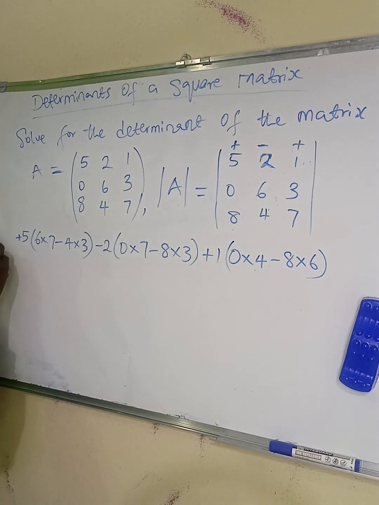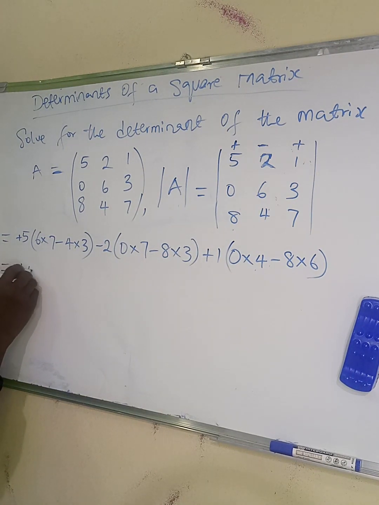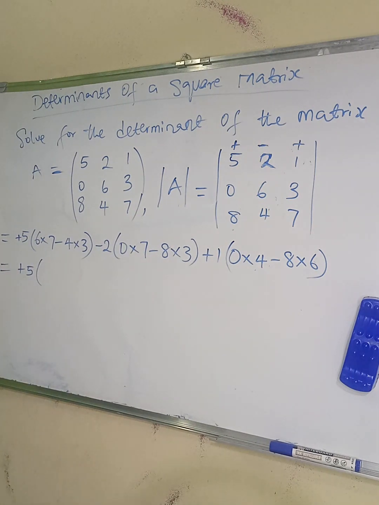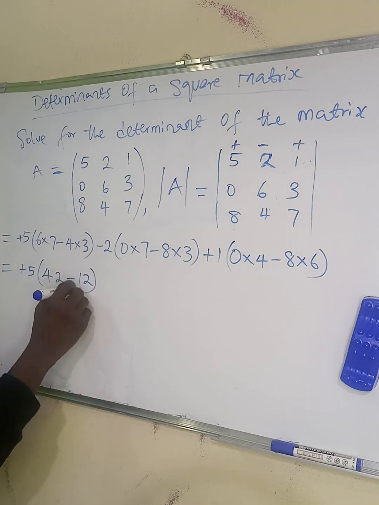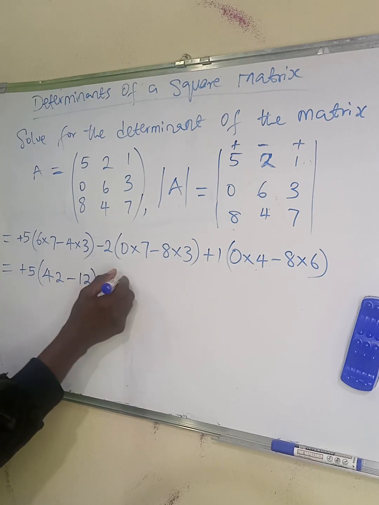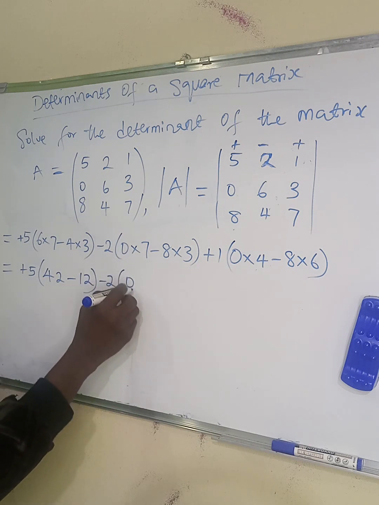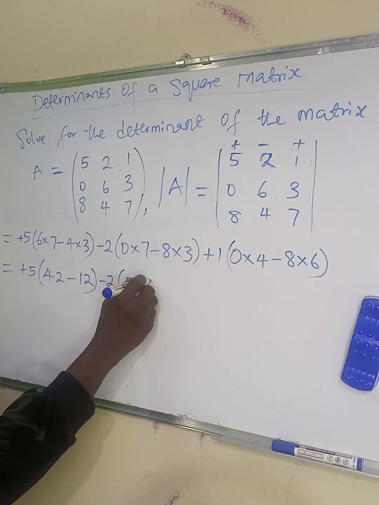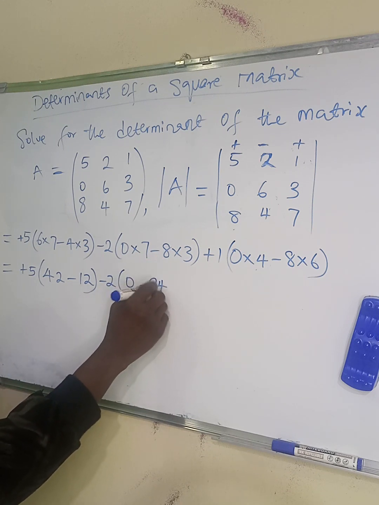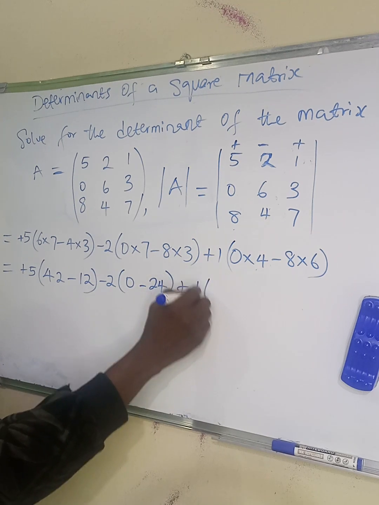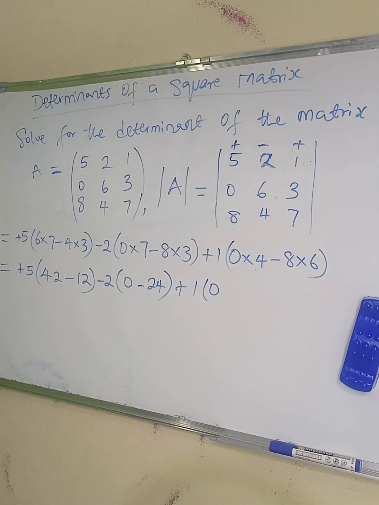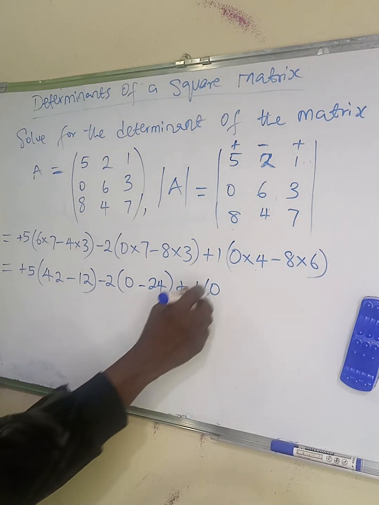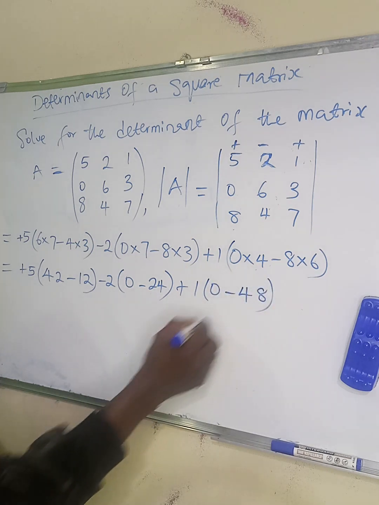Now let's continue. This will be equal to plus 5 into bracket 6 times 7 is 42 minus 4 multiply 3, 12, minus 2, or negative 2, into bracket 0 multiplied by 7 is 0, minus 8 multiplied by 3 is 24, plus 1 into 0 multiply 4 is 0, minus 8 multiply 6 will give us 48, so minus 48.